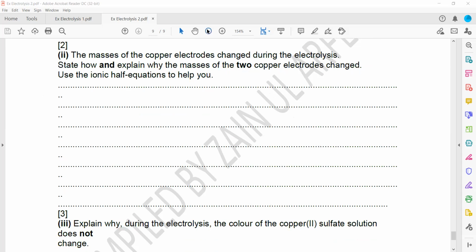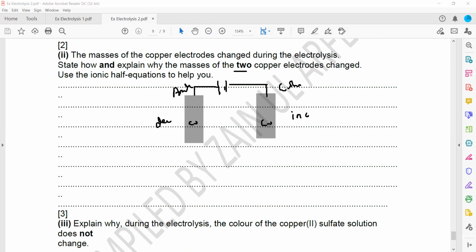The next: the mass of the copper electrode changes during electrolysis. When we carry out the electrolysis using copper electrodes, the size of the cathode increases and the size of the anode decreases. So state and explain how and why the mass of the two copper electrodes changes. What is the reason?